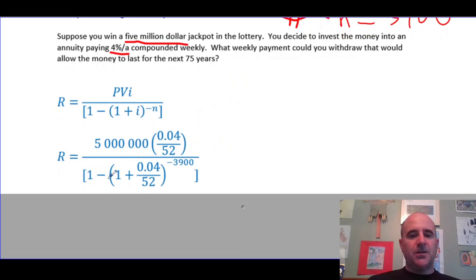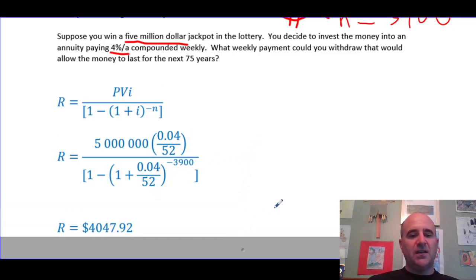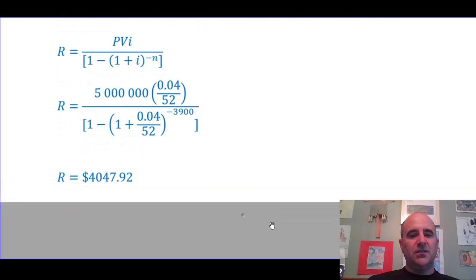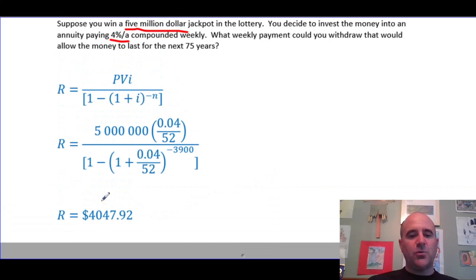And then on the bottom of the fraction, we have 1, we have our i value again, and then we have our n value, 3,900. If you figure that all out, you should get $4,407.92.